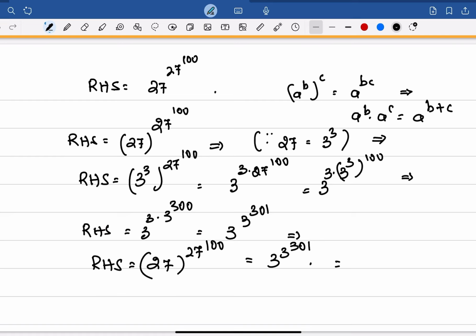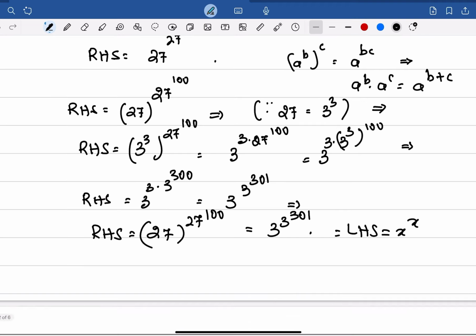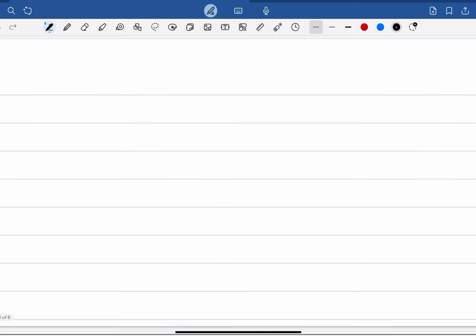This is equal to the left hand side, x to the power of x. Now what do we have to solve? We have to solve x to the power of x is equal to 3 to the power of 3 to the power of 301. Is it that easy to understand 3 to the power of 301? That number is again the power of 3.